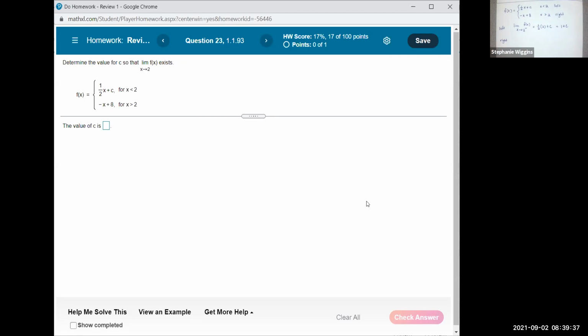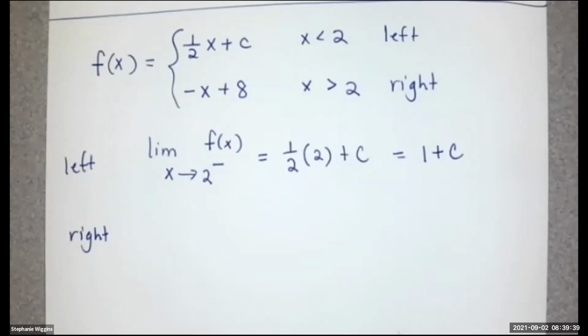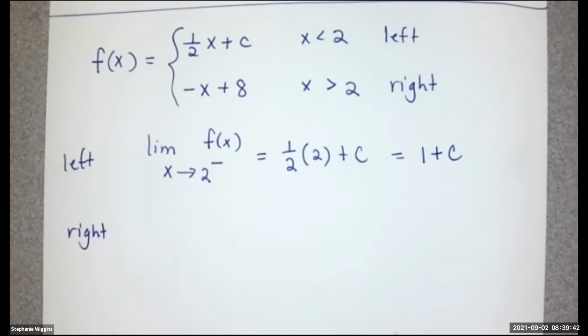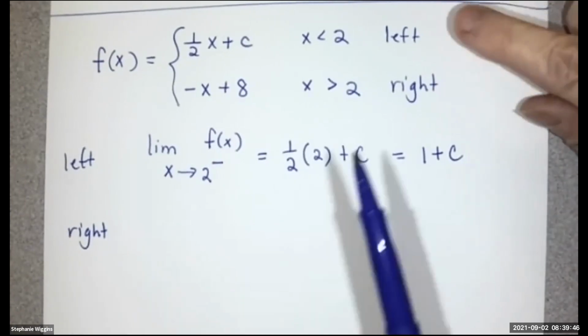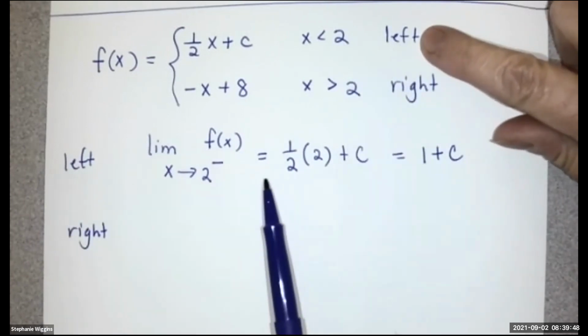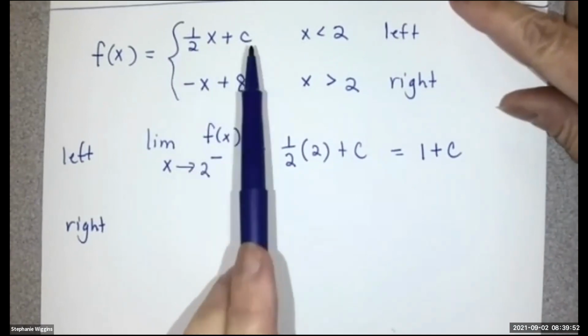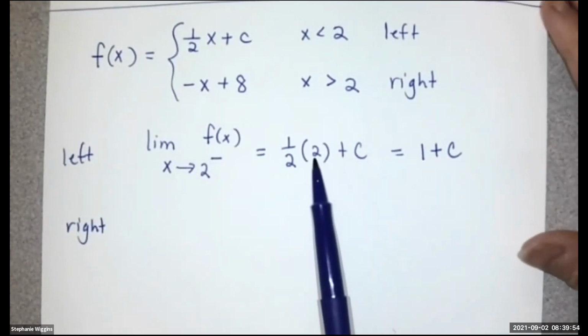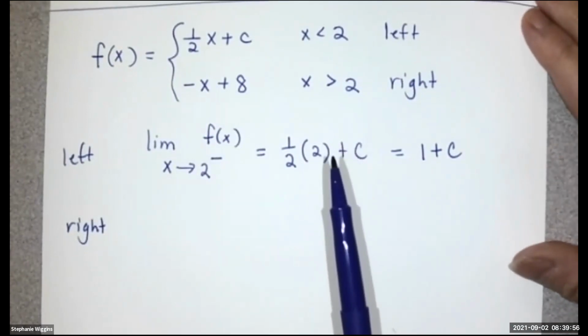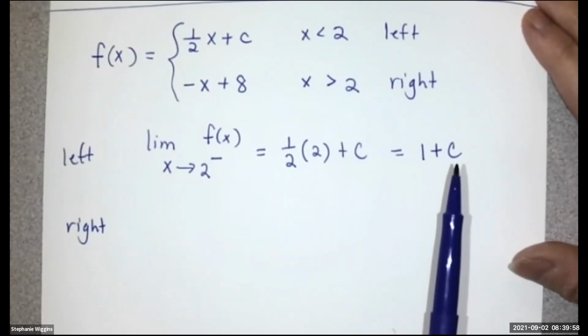Oh wait, I'm sorry. I forgot to stop sharing. So there we go. Sorry about that. Let me start over. So here's my function. The left is this limit. I'm taking this function. I plug in 2. And so 1/2 times 2 is 1 plus c.